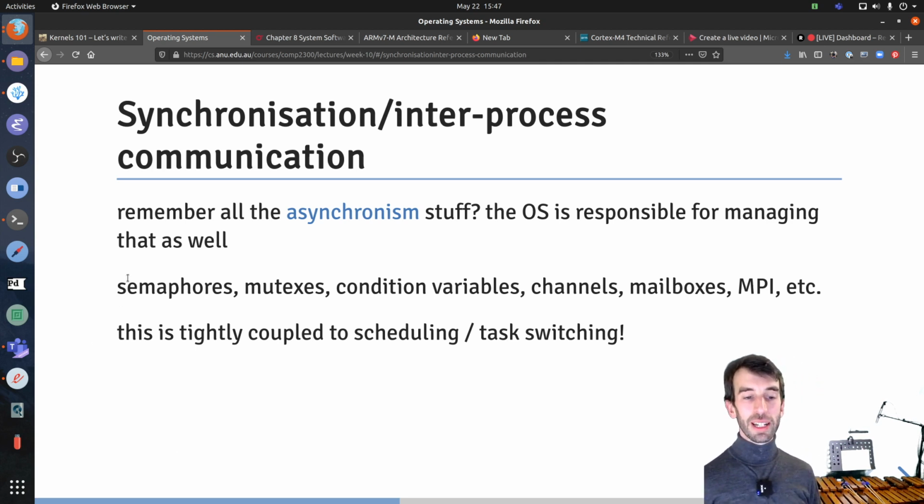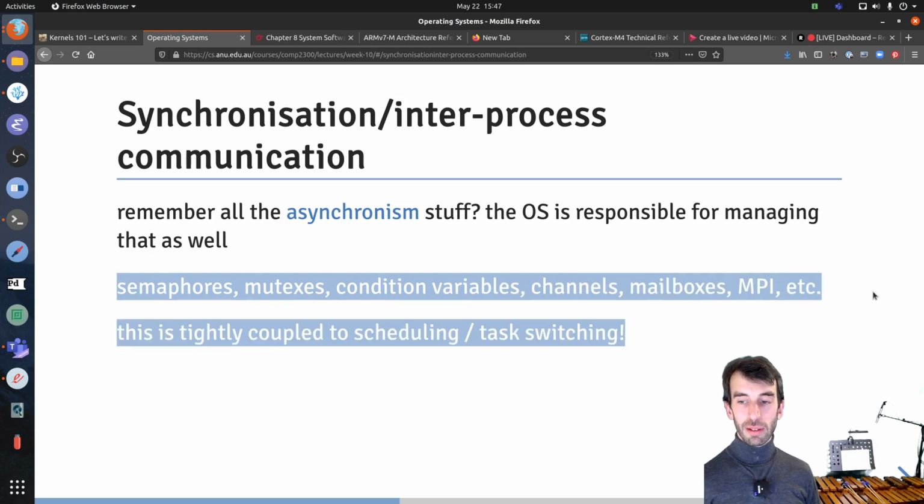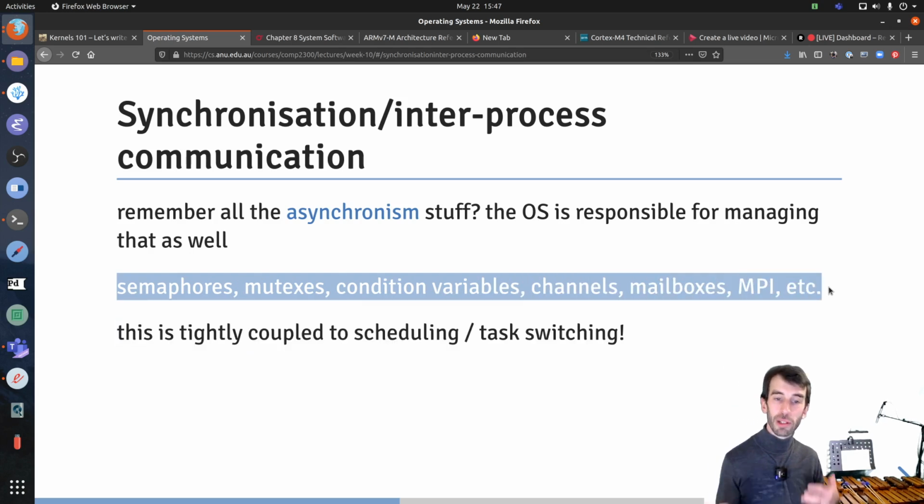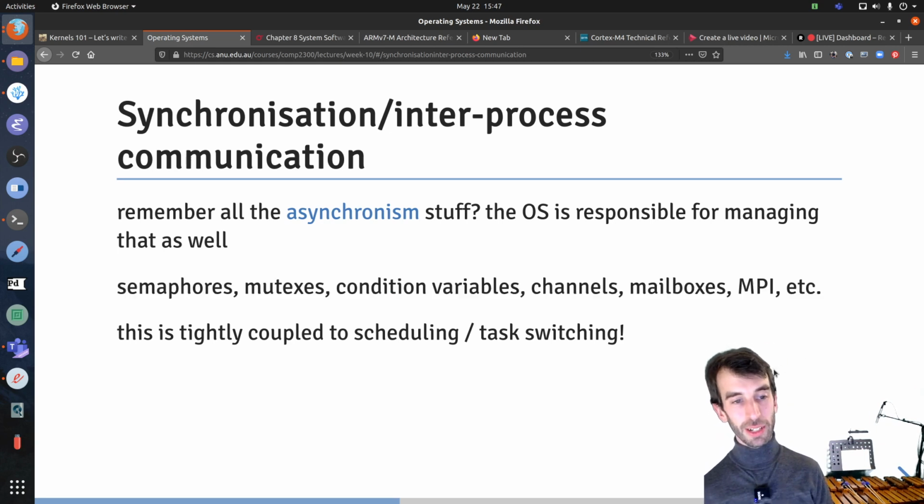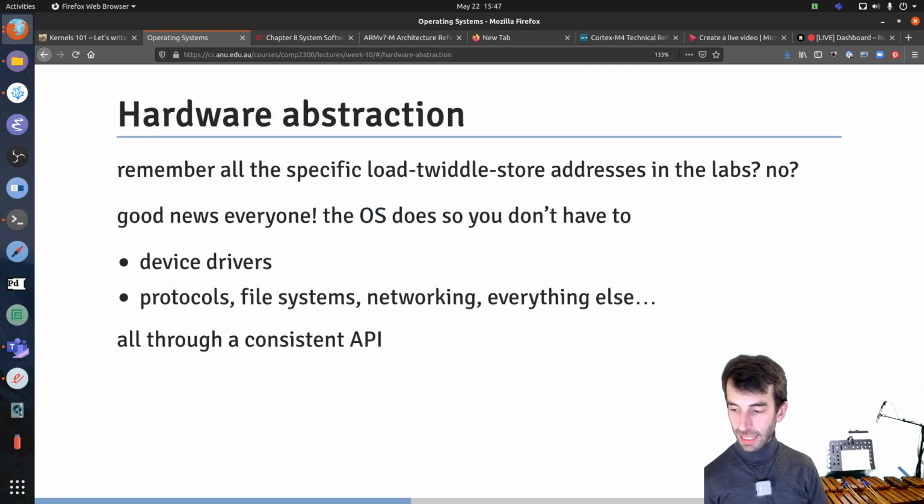So the operating system will build in these features for doing semaphores, mutexes, condition variables, other systems for inter-process communication to help us design programs that can access the same memory, access the same shared resources, things like devices as well, which are shared resources. And this will all be kind of built in with task switching and scheduling as well. So we talked a lot about that in the asynchronism lecture, so I'm not going to go into more detail there. And this is one other role for our operating system, which is crucial.